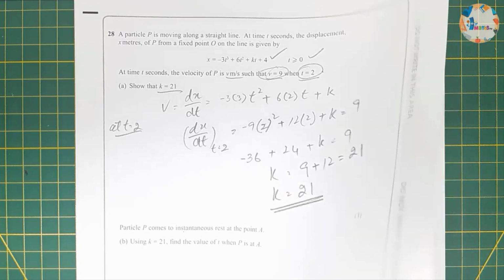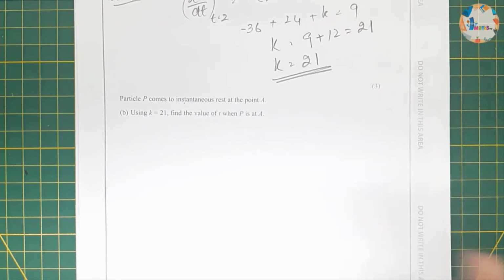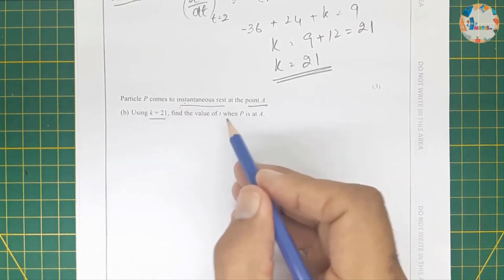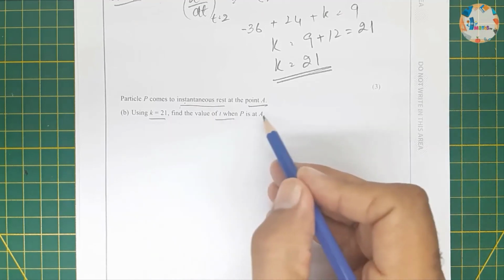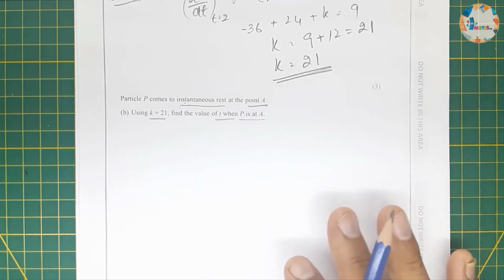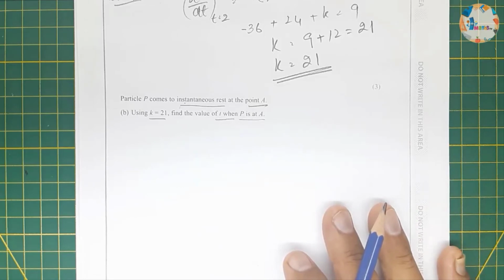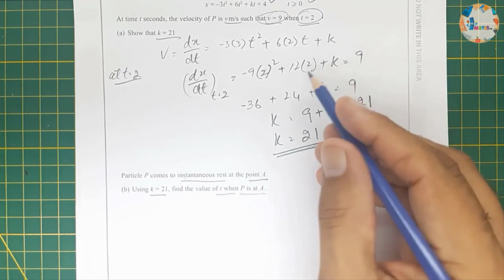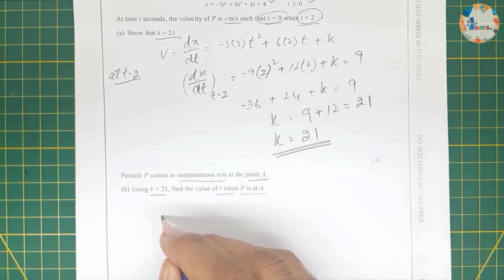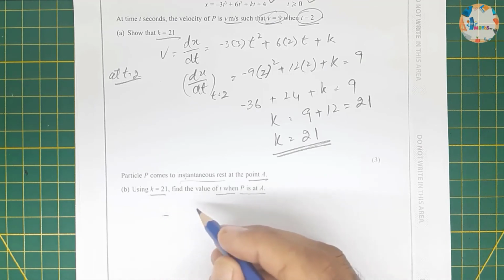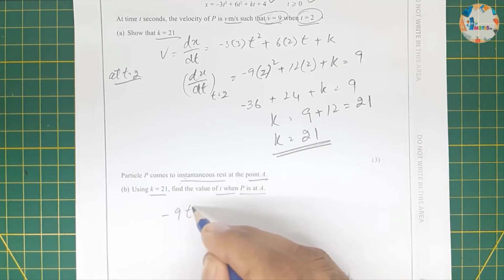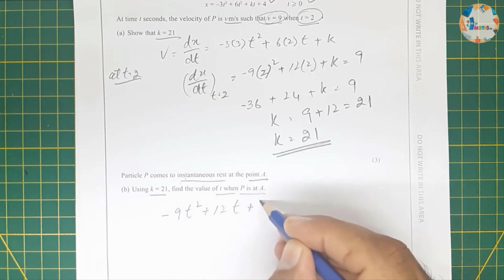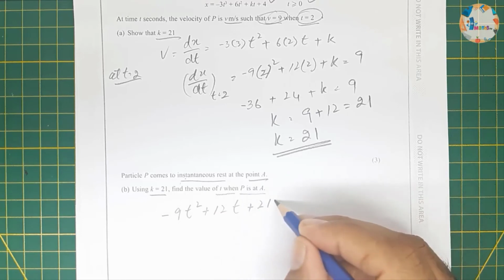Then next, the B part: particle P comes to instantaneous rest at point A. Using k is equal to 21, find the value of t when P is at A. For that, we will use the same derivative which we have taken: minus 9t squared plus 12t plus k, meaning plus 21, and this will be equal to 0.